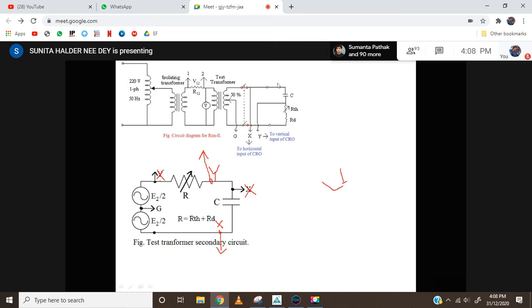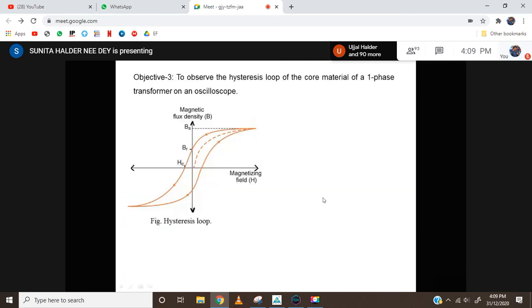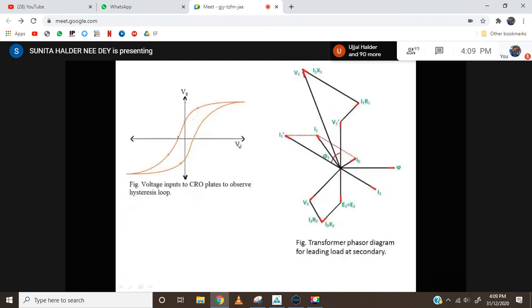But the load is so low compared to the rating of the transformer that we can approximately say this is almost the magnetization current. So V12 will be the voltage proportional to the magnetization current. So if we want to plot the phi-I curve, we can give V12 to the oscilloscope X plate to give the magnetization current.